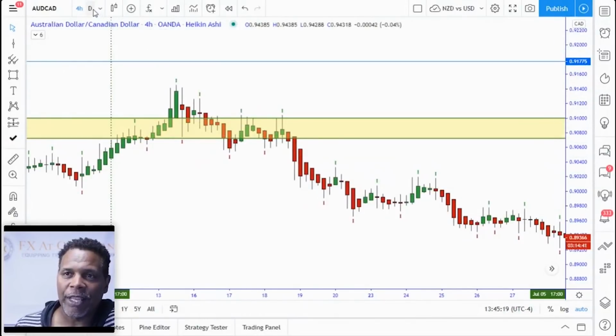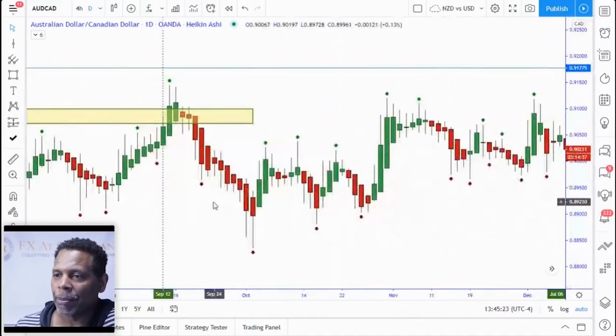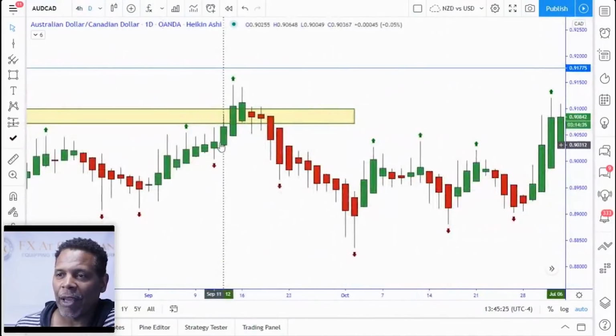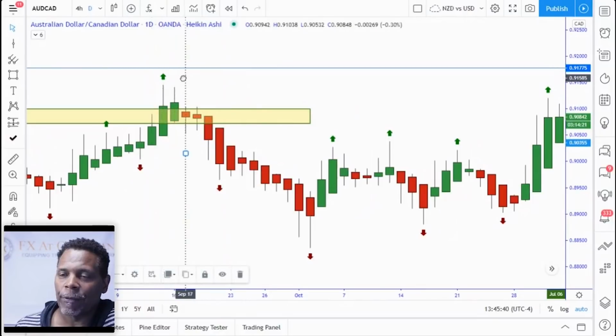Now, if we just stay on the daily time frame right here, you could enter the market short right here with a stop loss up here. All right, this is more of an indecision. This is more of an entry sell, a weak sell. So you didn't have that same thing on the 4 hour.